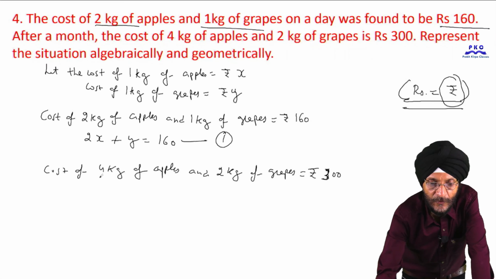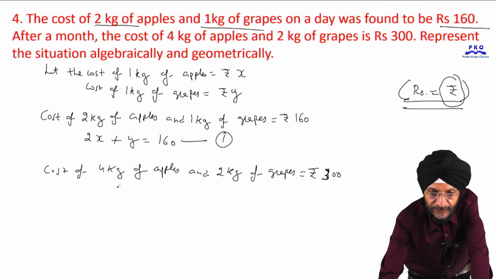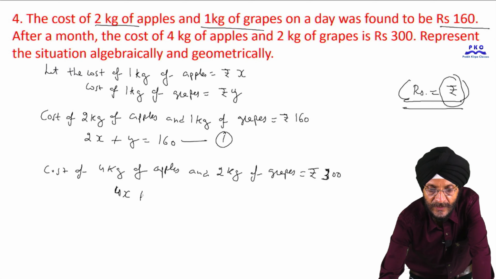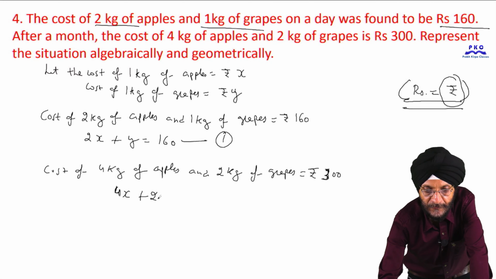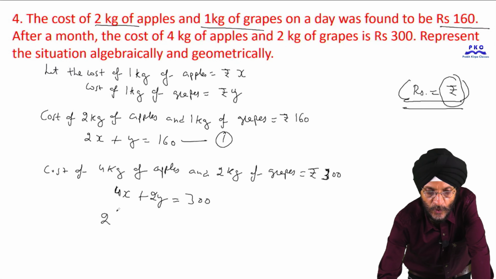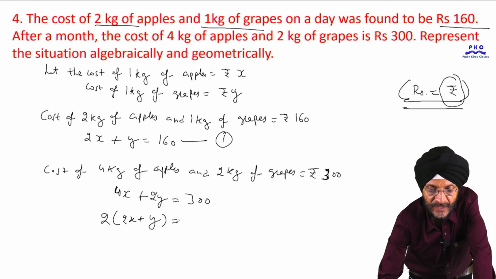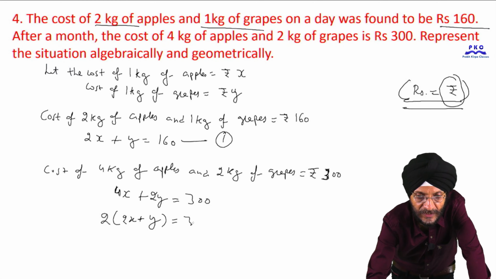So now we can also write it as 4 kg of apples, which means 4x, and 2 kg of grapes, which means 2y, is equal to 300. We can also write it as 2 into 2x plus y is equal to 300.